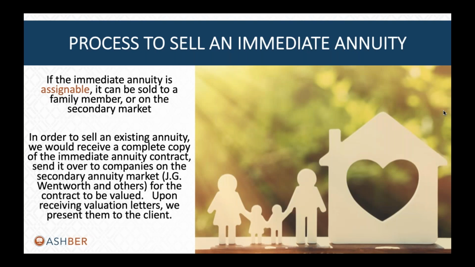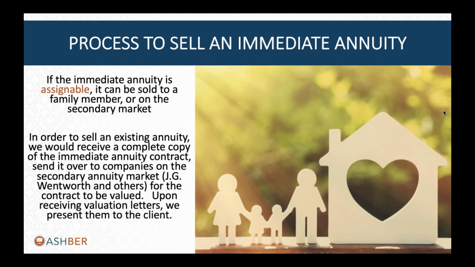The process to sell an immediate annuity contract, we first have to look at the existing immediate annuity and determine if the policy is assignable. And if it is assignable and we can transfer ownership to a family member or to a company on the secondary annuity market, then we generally will receive a copy of the existing policy, send the contract out to companies that would value the existing annuity contract, and they would provide us with valuation letters.